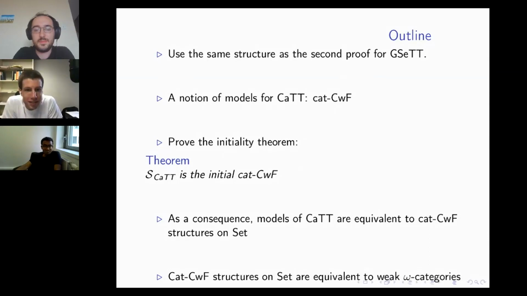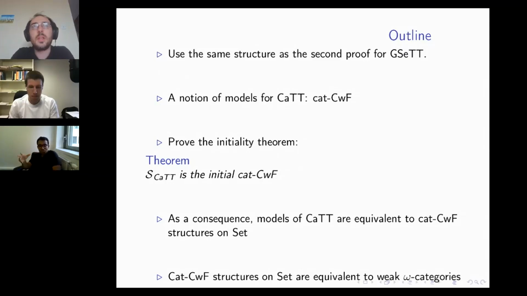Okay. Chaitanya? Can you hear me? Yeah, perfectly. Oh, great. I was just wondering, have you thought about what a fibrant model of CAT should be? Because for GSETT, it should probably just be a fibrant globular type, right? Yes. But for CAT, it's a little trickier. Have you? Yes. So I'm not so sure about what you mean when you say fibrant model.